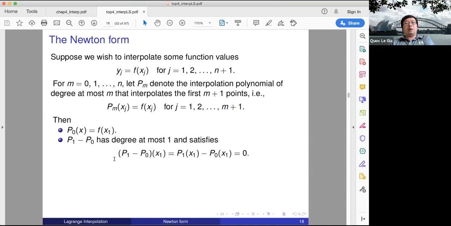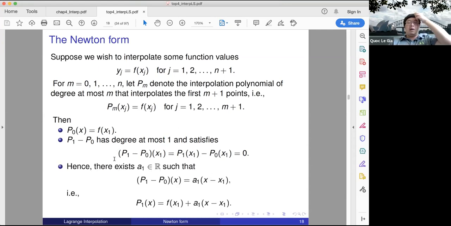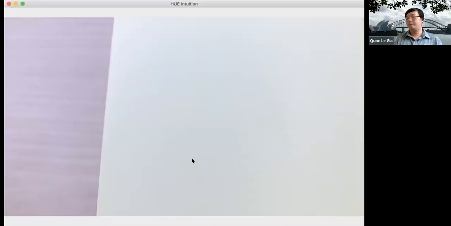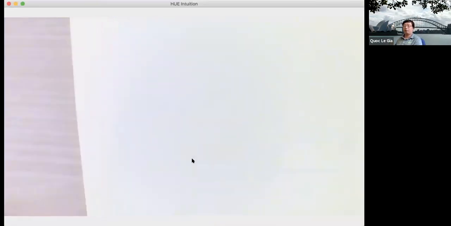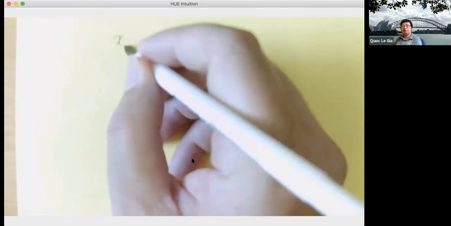So, okay, so P1 is, maybe let me draw pictures, yeah? I think the picture here is a bit easier to explain, yeah? So remember we have x0, right?